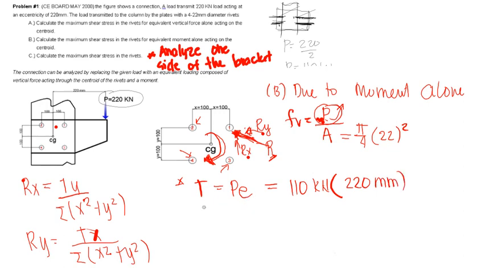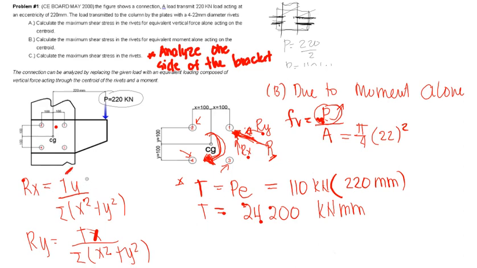So, yung lalabas na value natin for T is equal to 24,200 kilonewton mm. So, yan yung magiging moment natin dito, which is 24,200 kilonewton meter. So, meron na tayong T.